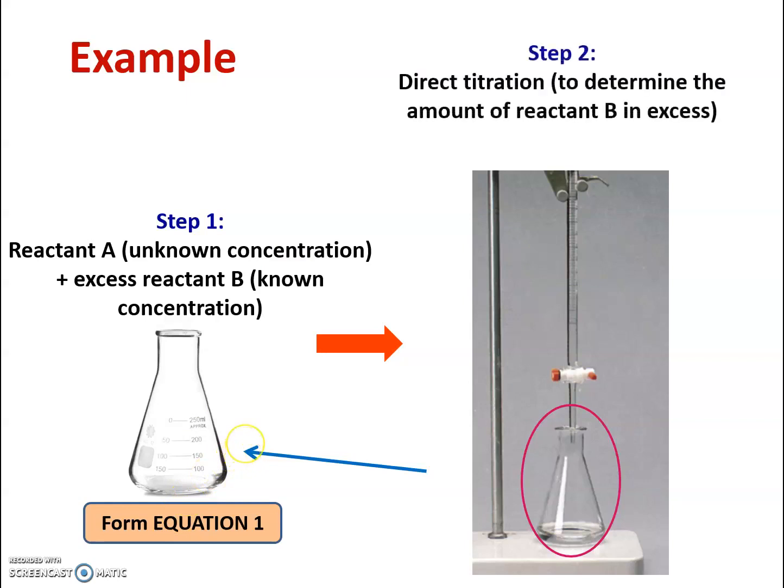Second reaction is the excess reagent will titrate with another second standard reagent. Okay, so when the indicator changes color in the solution in the flask, the reaction is complete, and we come up with another balanced chemical equation. Okay. So two reactions are involved and there are two balanced chemical equations.